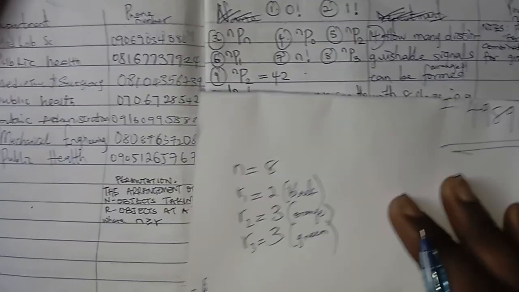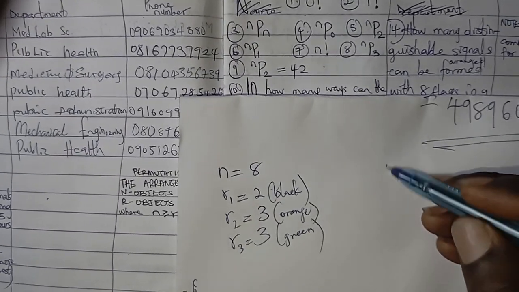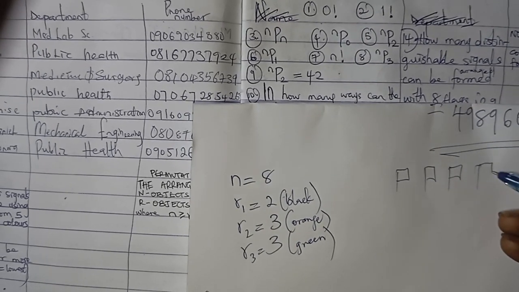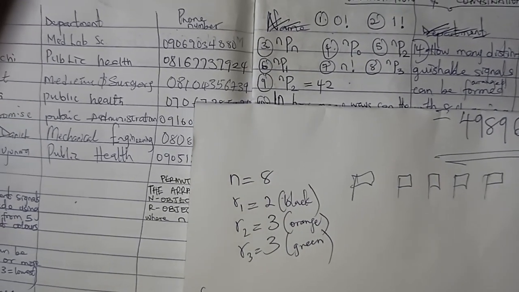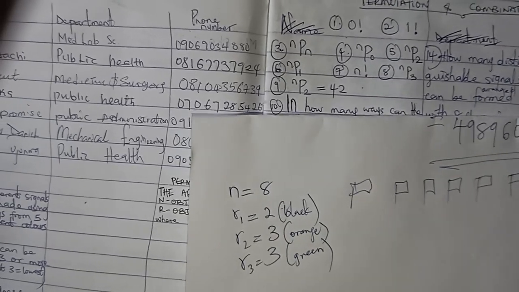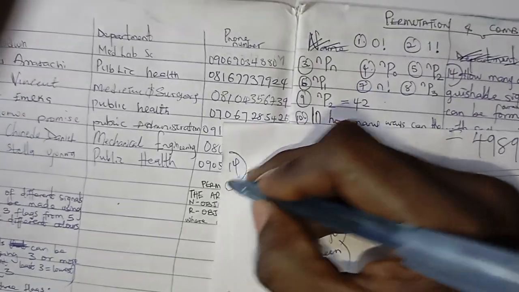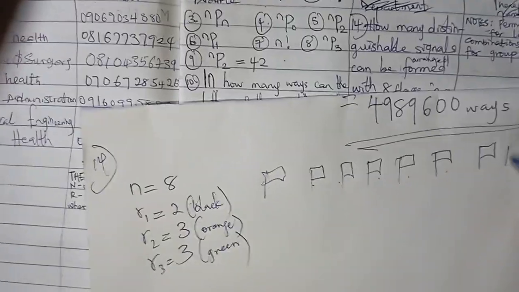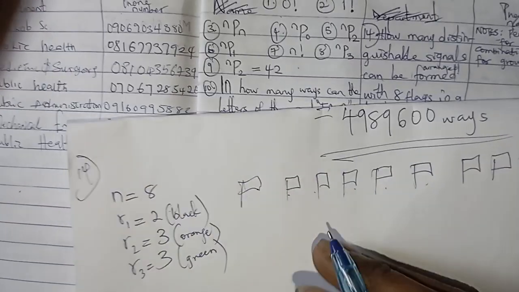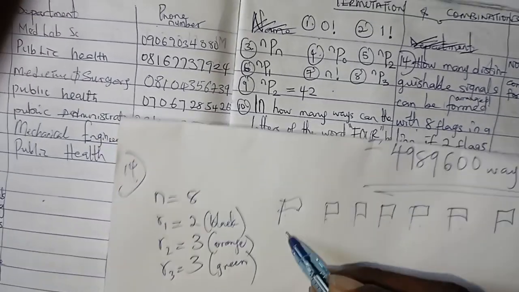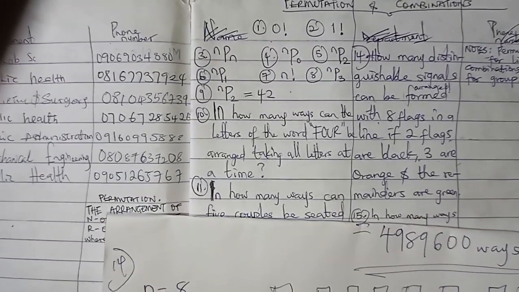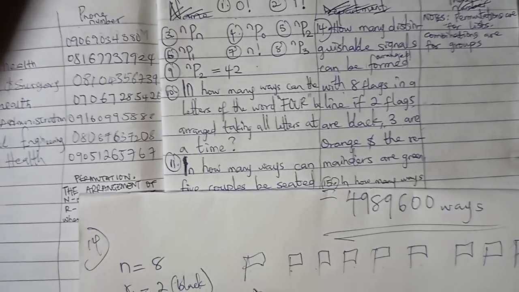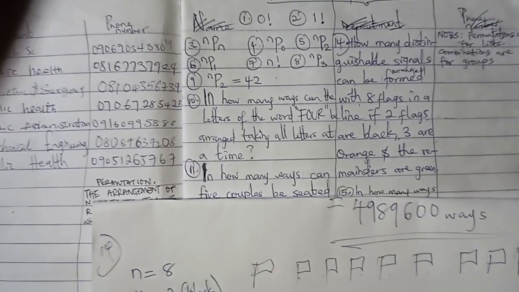So this is it. Say I have a flag, a flag, a flag, and so on. Question 14. 1, 2, 3, 4, 5, 6, 7, 8. Now they say we want to make a signal, and they're asking how many distinguishable signals can be arranged with this.